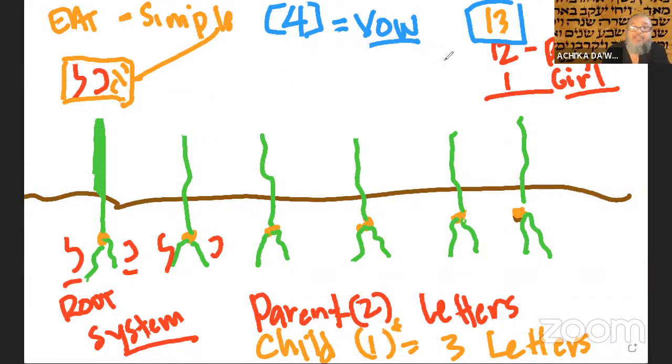Out of those 4 letters, I already have the aleph, and then the next one's a hey, and the next one's a wah, and the next one is a yod. So this one right here is a child to come out.